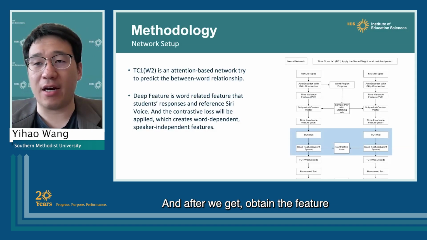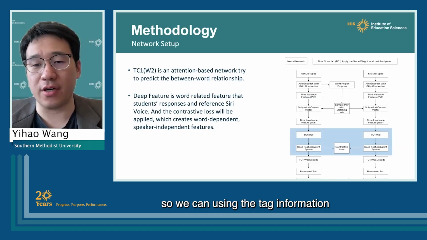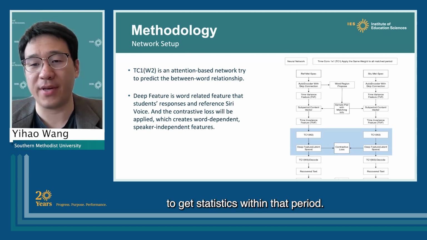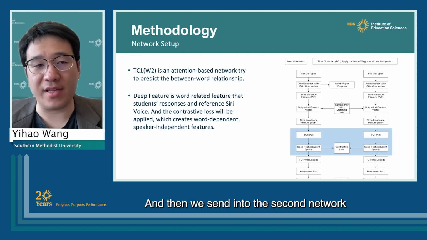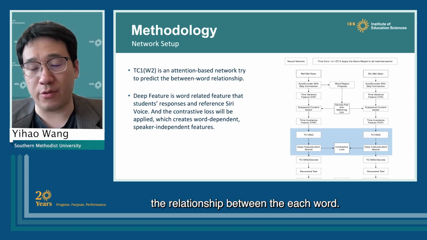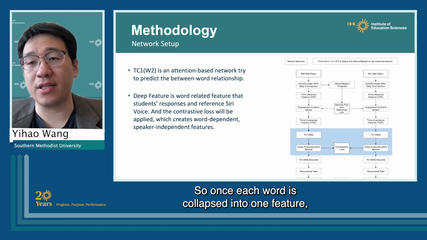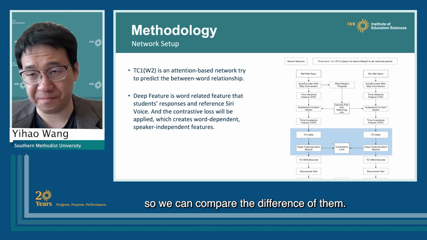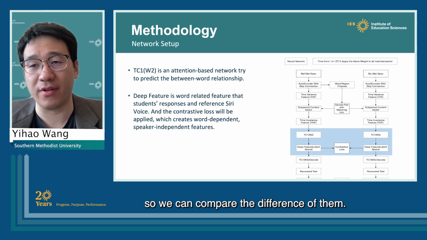And after we obtain the features, we can use the tagging information to get statistics within that period. And then we send them into the second network, which is attention-based, to predict the relationship between each word. So once each word is collapsed into one feature, we can compare the difference between them.